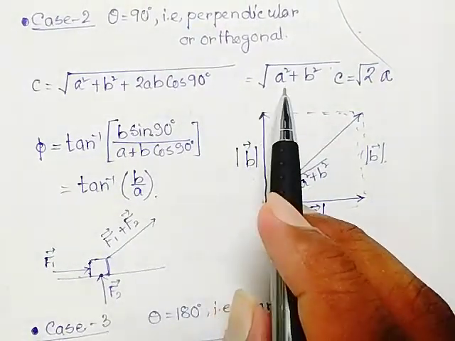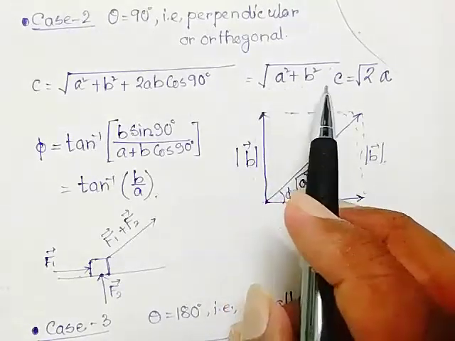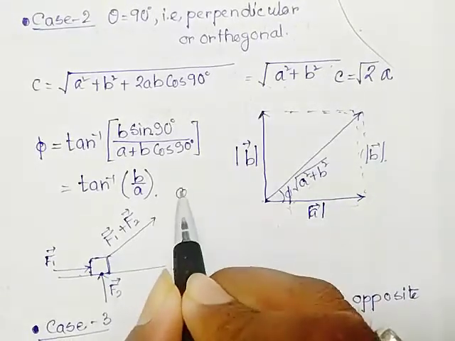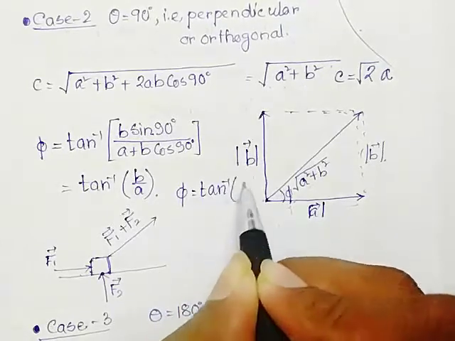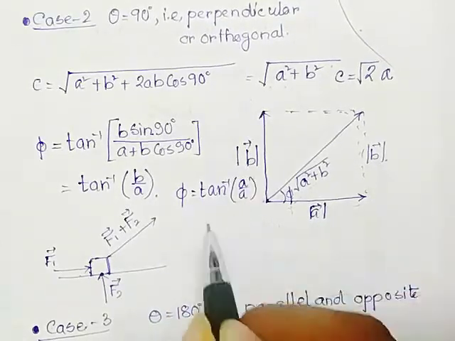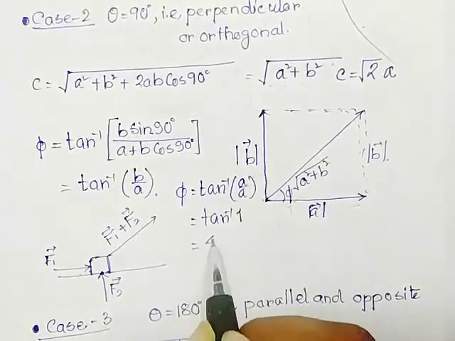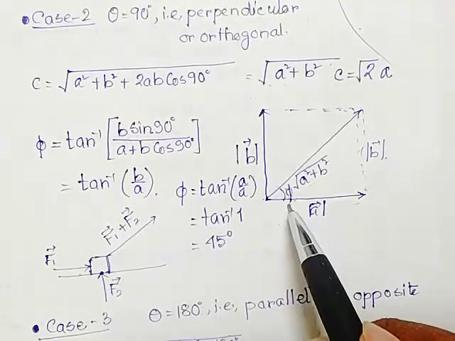So a square plus a square is 2a square. If I take the root, it is root 2 into a, and in that case phi equal to tan inverse a divided by a, so it will be tan inverse 1, so it will be 45 degree.